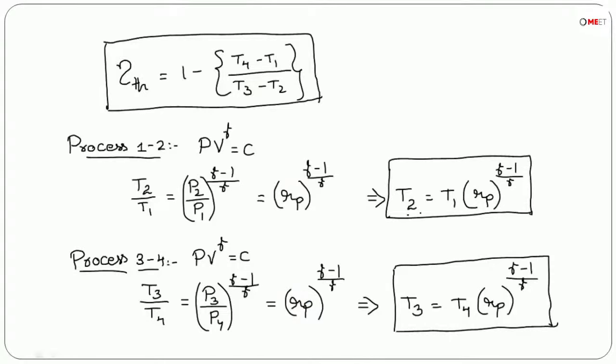So T2 is T1 into Rp to the power (gamma minus 1) by gamma, and T3 is T4 into Rp to the power (gamma minus 1) by gamma. Now from this T4 we want. So T4 can be written from this expression as T3 by Rp to the power (gamma minus 1) by gamma.